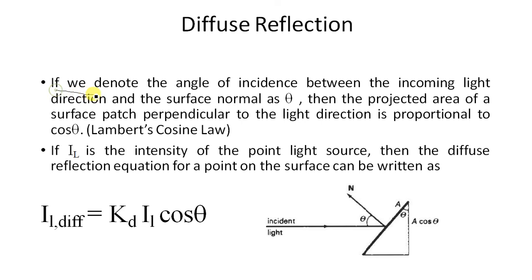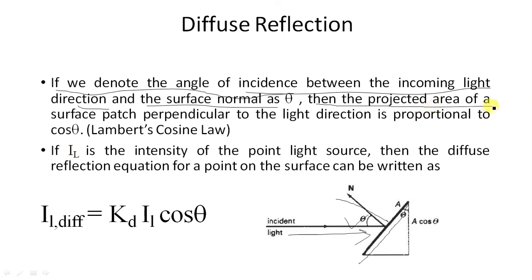Now, we denote the angle of incidence. Suppose this is our surface, this is the normal vector to that surface, and this is the direction of light. We denote the angle between the incoming light direction and the surface normal as theta. This is our angle of incidence.